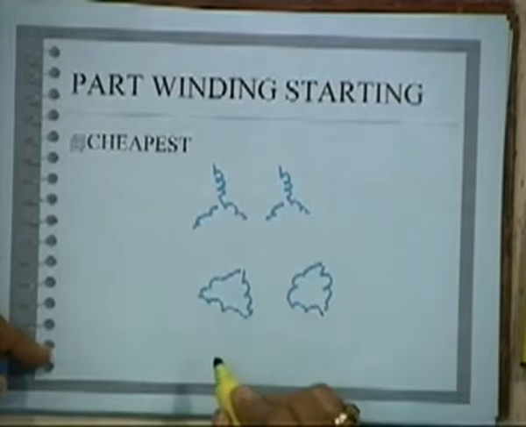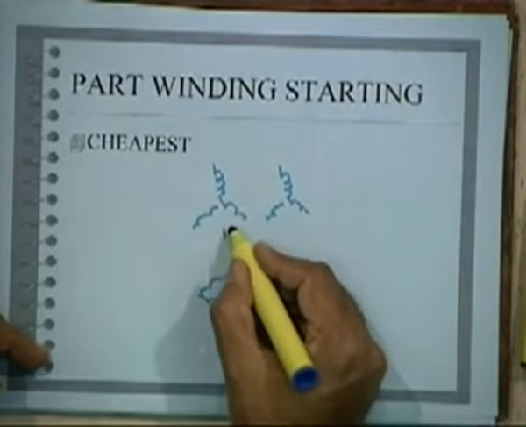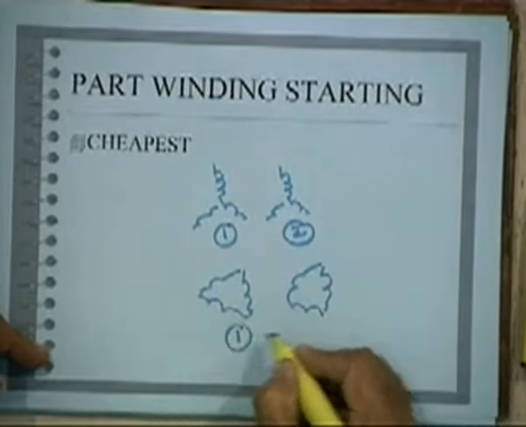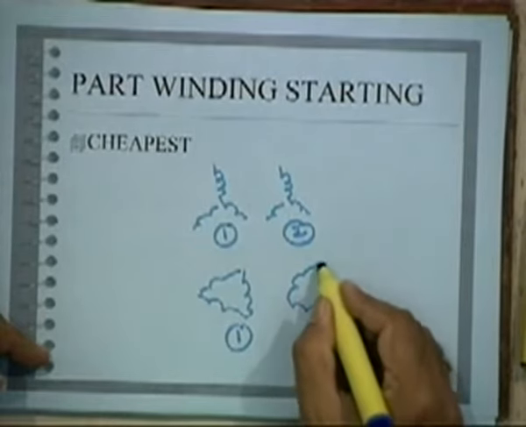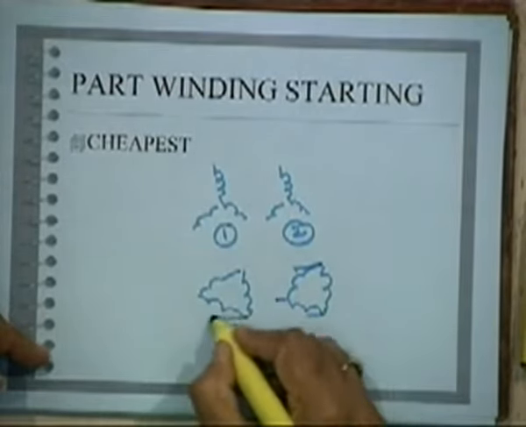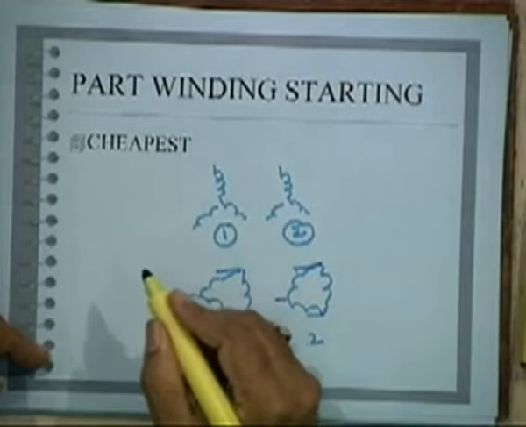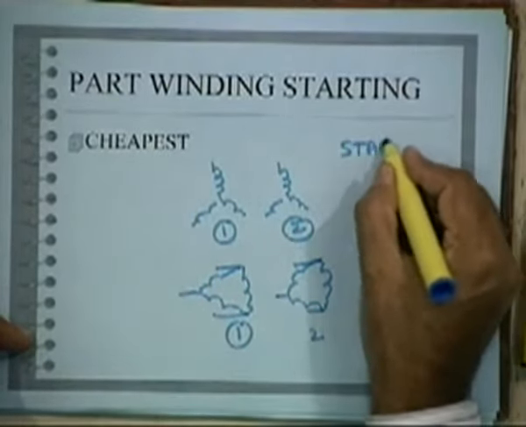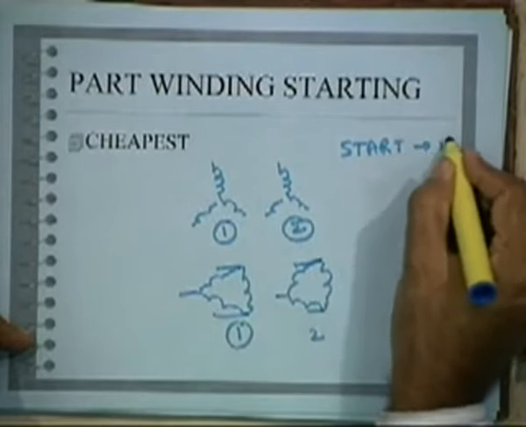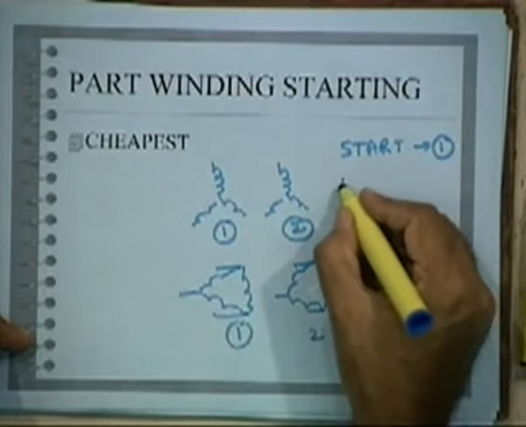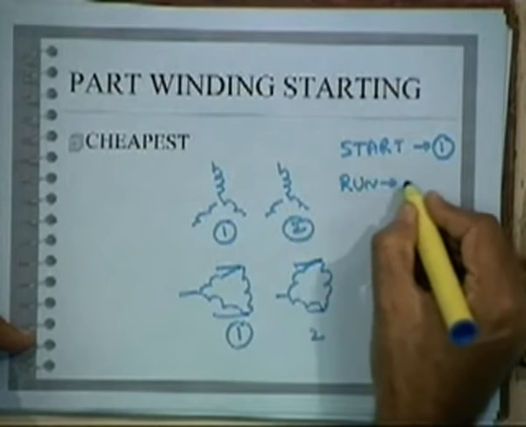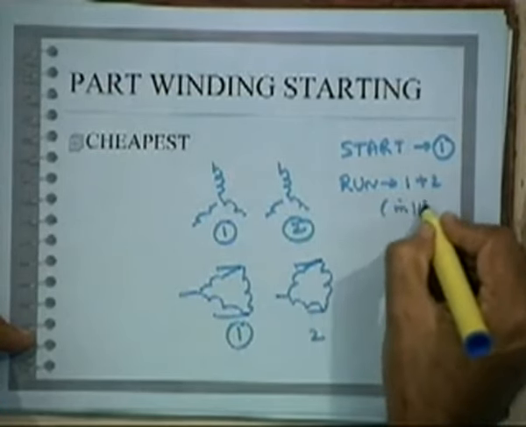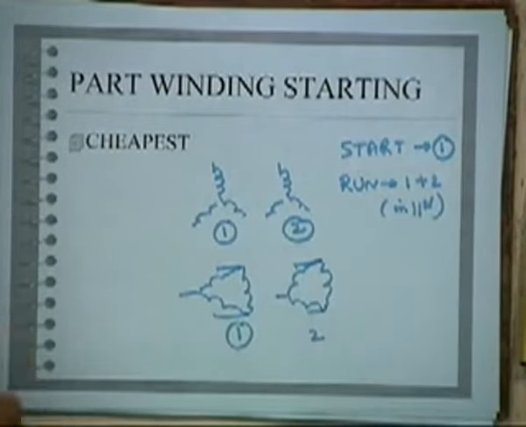Now, let us say this is one set of winding, this is another set of winding. That means at start you only excite one, and in run condition you put 1 plus 2 in parallel. This is one of the methods that is used.